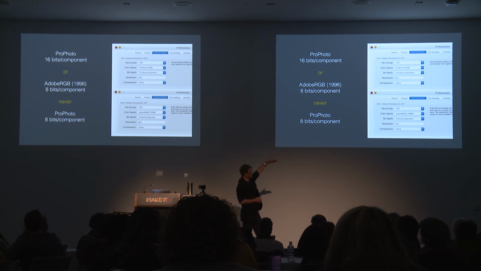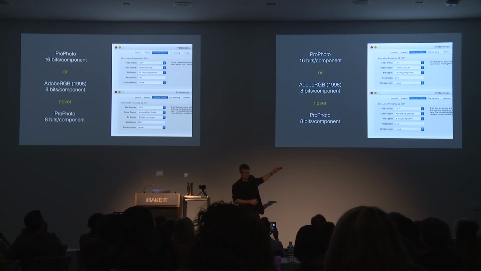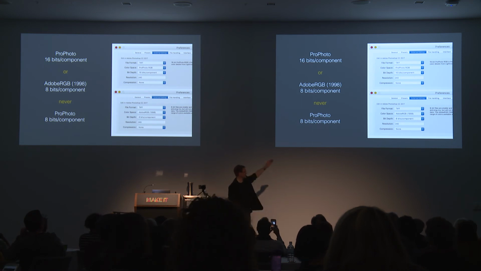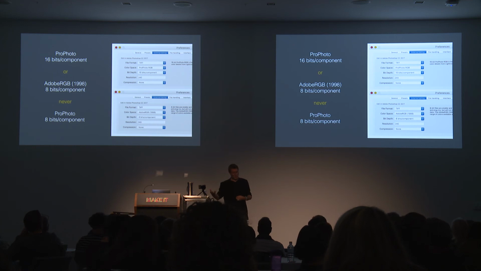Now, the defaults for working in our external editors is usually Pro Photo 16 bits. That is the default. If you don't change them, that is what you get, that top section. Now, those settings are okay if when you've finished editing your image, it is coming back into Lightroom and you export it for a client as a JPEG or a PSD or a TIFF from Lightroom.